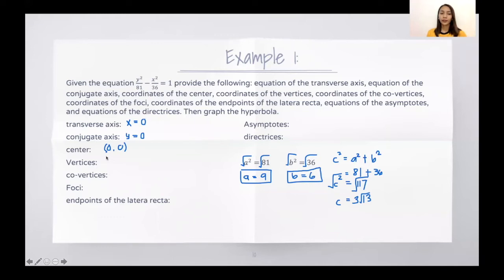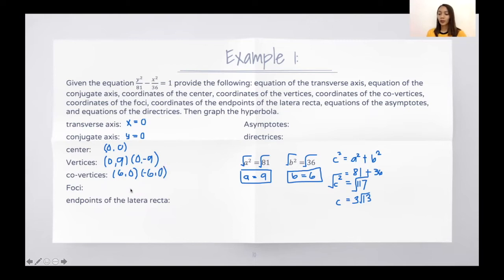For the vertices, a is equal to 9, so we have 0, 9, and 0, negative 9. To find the co-vertices, we have positive, negative, b, 0. The value of b is 6, so positive 6, 0 and negative 6, 0.